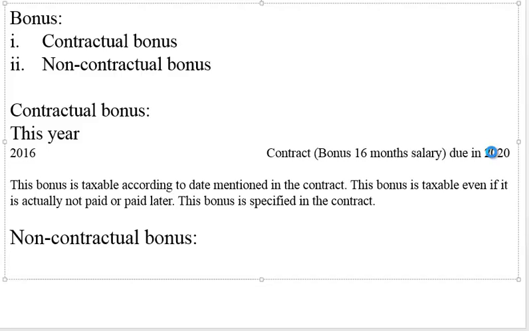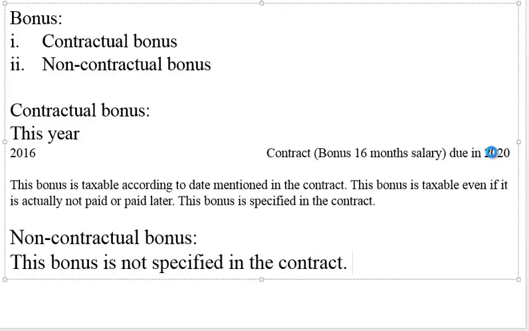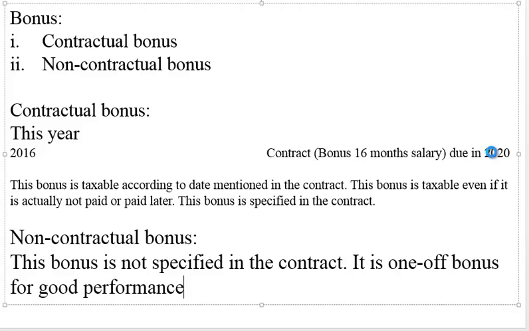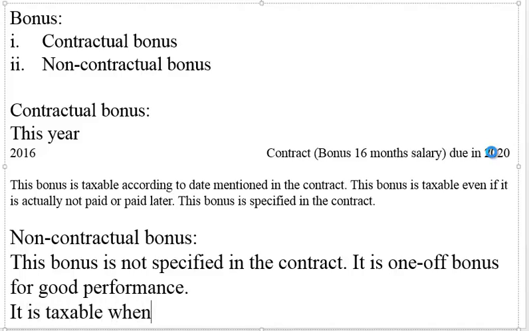This bonus is not specified in the contract. It is a one-off bonus for good performance. When is it taxable? That's the important bit. It is taxable when it is actually paid.